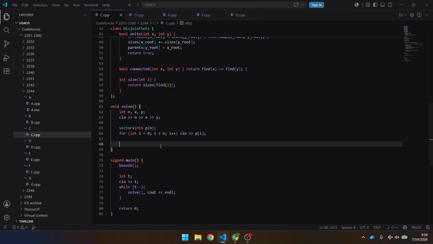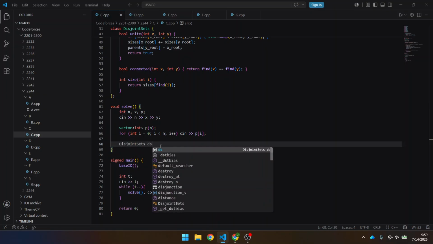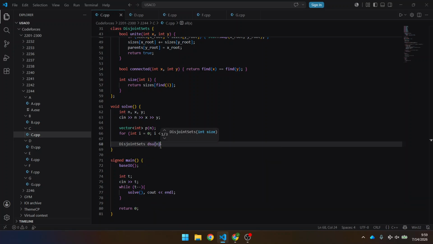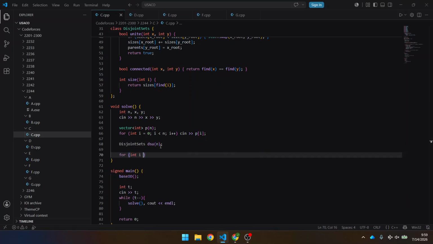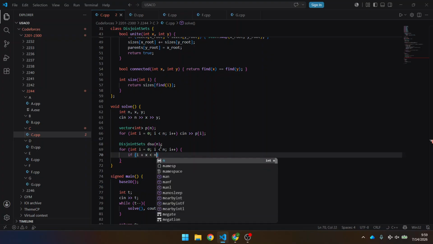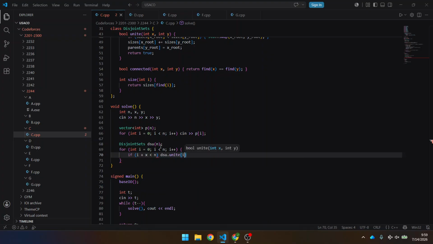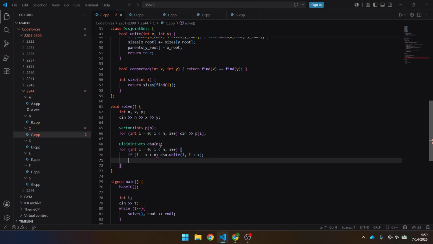Basically, you have our DSU struct, set DSU for n. For int i is 0, i less than n, i plus plus: if i plus x is less than n, DSU dot unite i, i plus x.